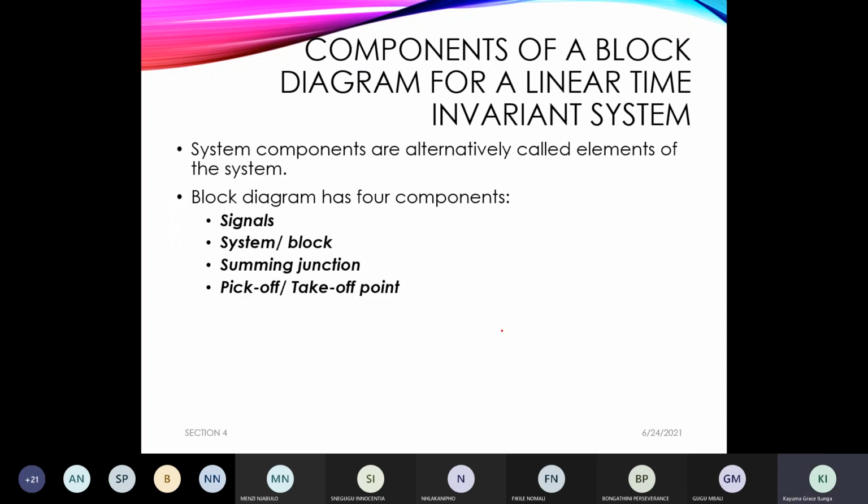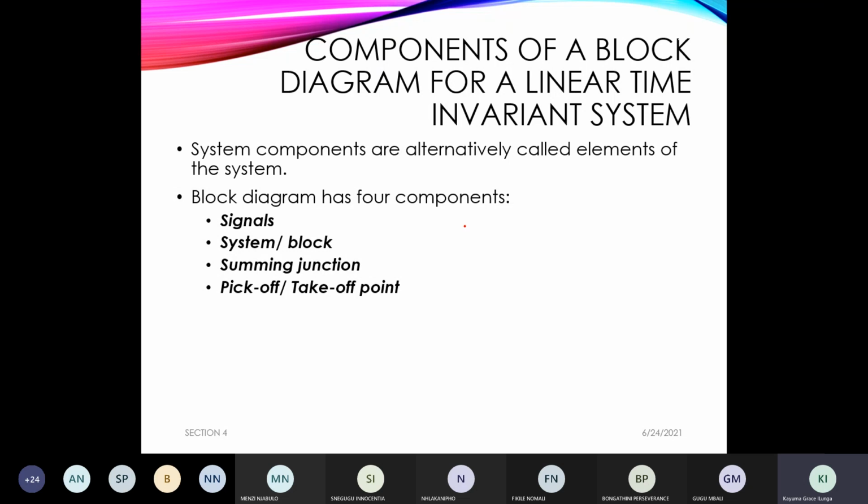Now we want to see what the components of a block diagram are, and how a block diagram is made. To get a block diagram, we need certain components to put together. I told you that we are talking about linear time invariant systems, so now we are going to see how we can make a block diagram of a linear time invariant system.